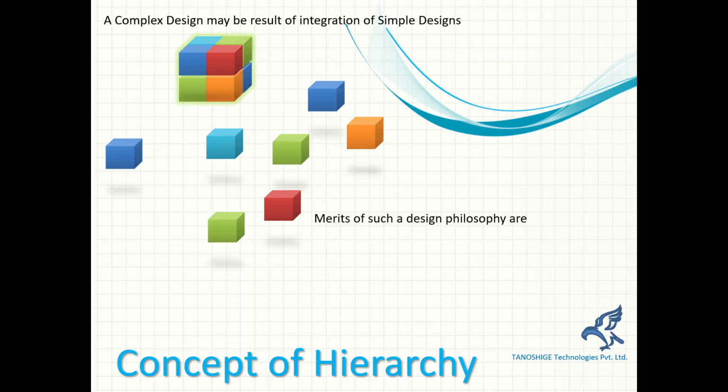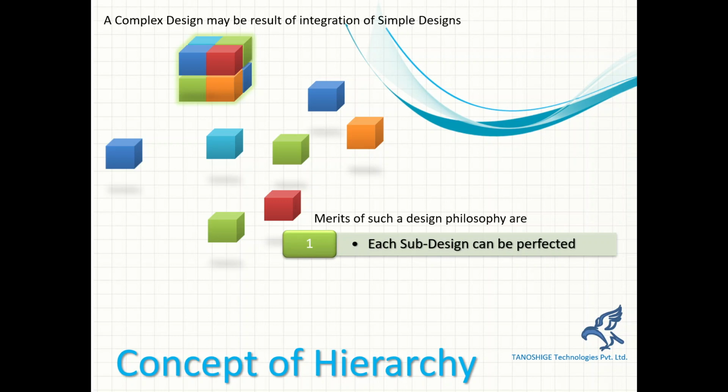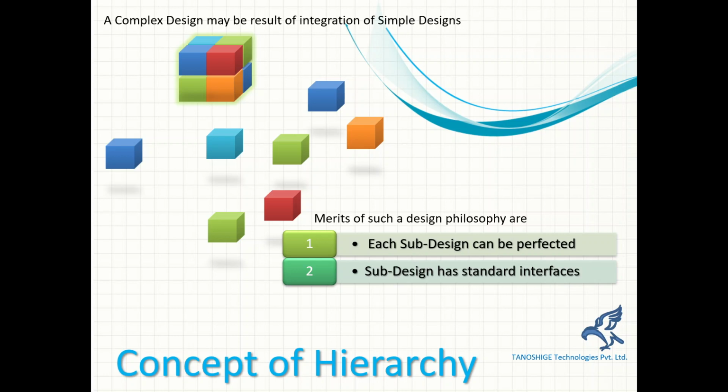That's what we do. The merit of such a design philosophy is that each sub-design can be perfected separately, right? Then the sub-designs have standard interfaces, right? So for example, I can do two designs which have the same interface, and I can swap whichever design I want to use. That means their interfaces should be standard, so as to allow me to swap.